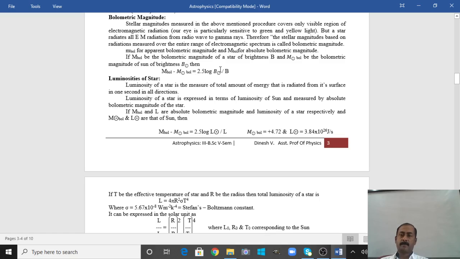This is the bolometric magnitude equation, particularly for the sun and other stars.